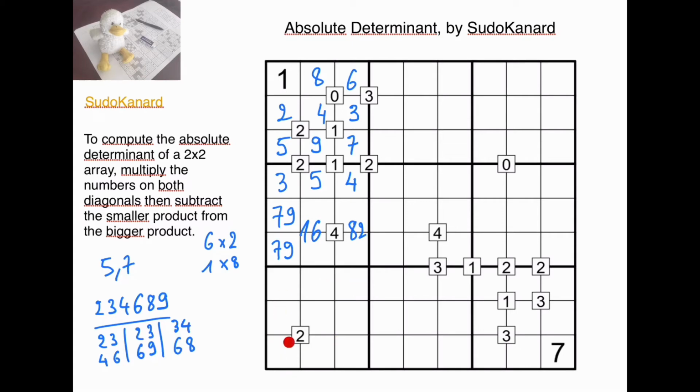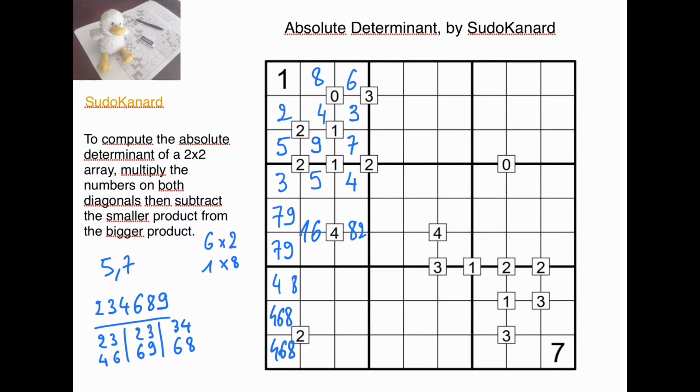Let's have a look at this. Here we must have 4, 6, and 8. But we know that we have a determinant of 2. So it's not possible for those digits to be 4 and 8, or the determinant would be a multiple of 4.